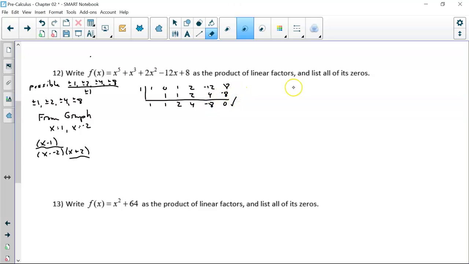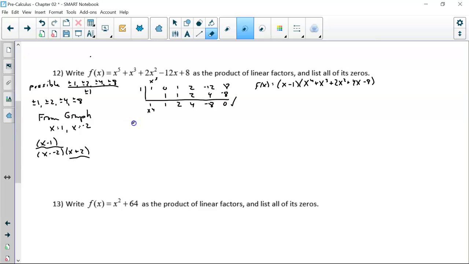Good. So that was our coefficient for x to the 5th. So this is our coefficient for x to the 4th. So our factors so far, f of x equals x minus 1, and then x to the 4th plus x cubed plus 2x squared plus 4x minus 8.